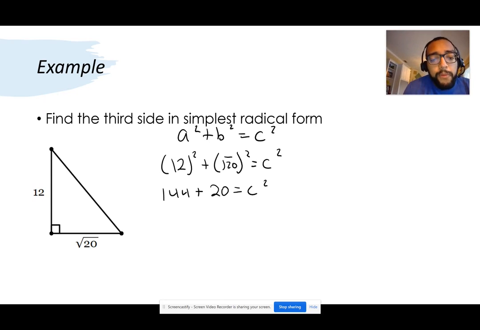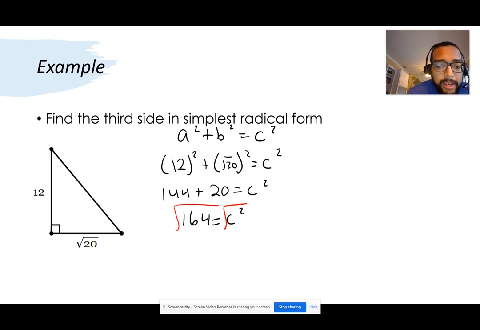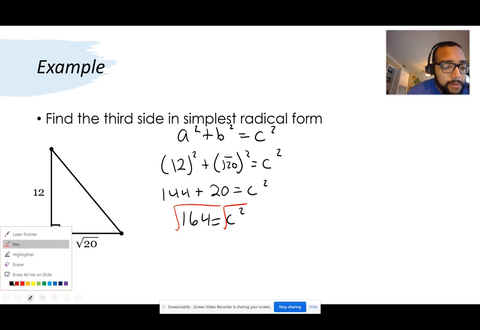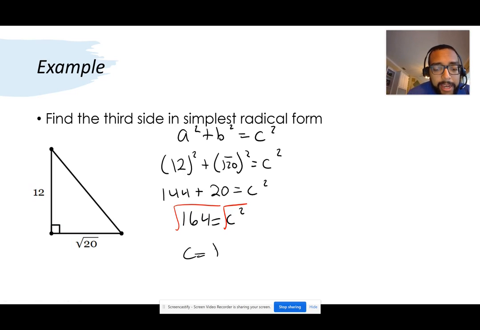Now here, 144 plus 20 is just 164. And when I try to get C by itself, I would get that C equals the square root of 164. But unfortunately, the square root of 164 is not a nice whole number. I know it's tragic, but it is what it is.